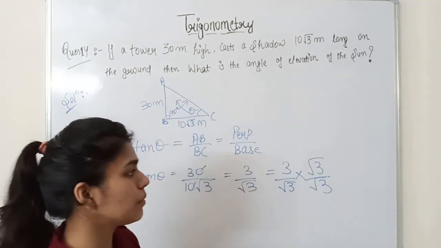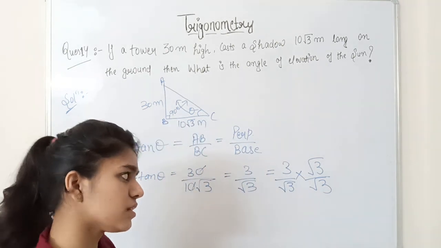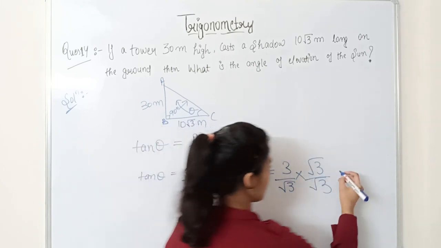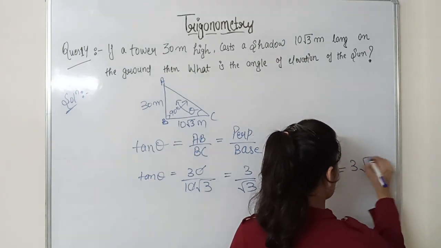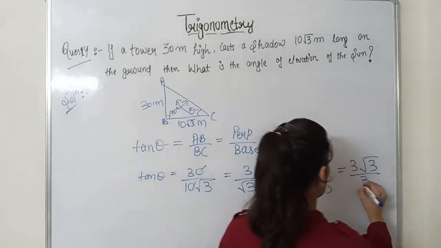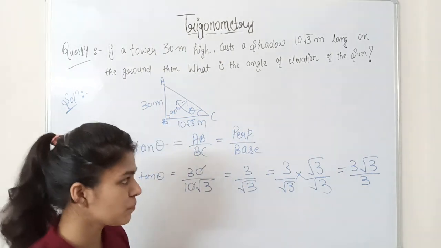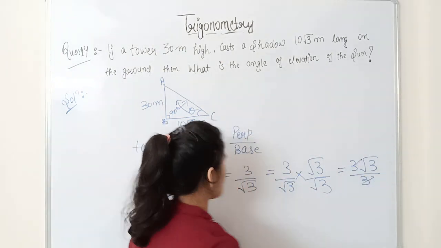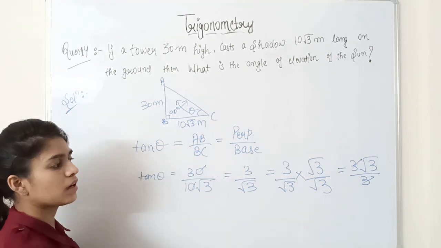Root 3 will be multiplied in the denominator as well as numerator. What will be the answer? 3 root 3 upon 3. Root 3 into root 3 will be 3. 3 and 3 will be cancelled out. Tan theta is equals to root 3.